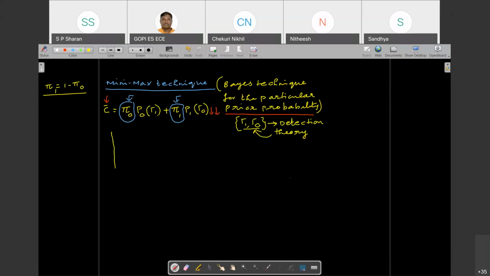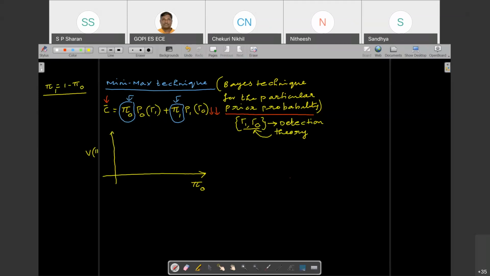For example, let me plot this graph. Here we have this prior probability pi naught, and this is the cost function. The cost function now is C bar only, but as it is a function of pi naught, let me call this the Bayes C bar, which is calculated for every value of pi naught.